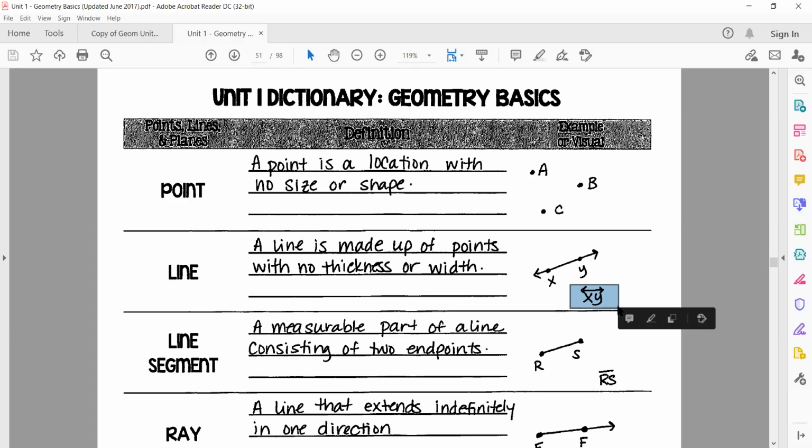That's why it's got the arrowheads on both ends. Lines can also be shown by a single lowercase letter. So if this had another letter somewhere, we could say that was line A, for instance. We could identify it that way, but we don't have that right now. We can only say this is line XY.